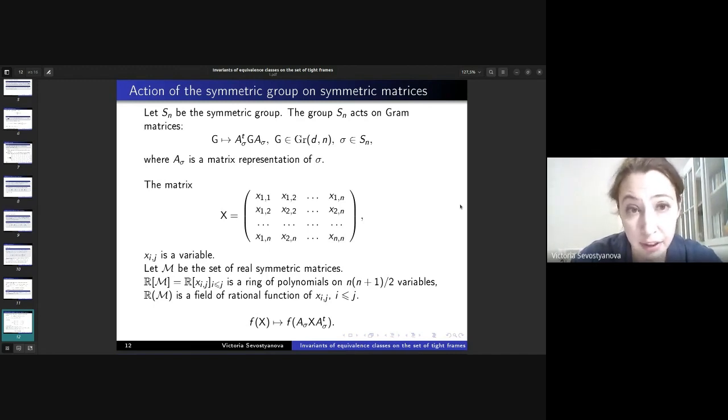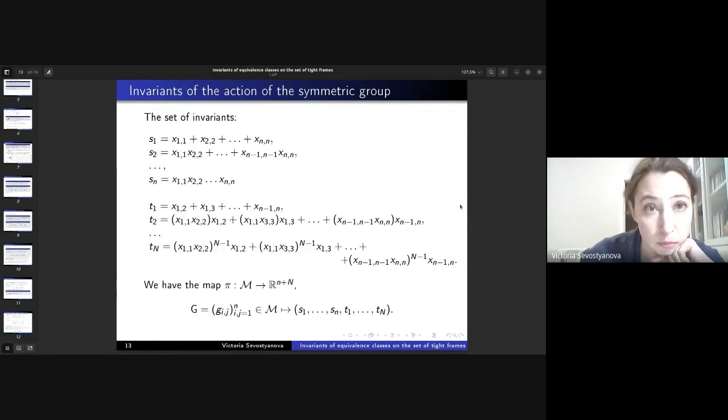So consider the formal matrix with variables, and let M be the set of real symmetric matrices. So we can continue this action on the ring of polynomials and on the field of rational functions. Now you can see the set of invariants under the action of a symmetric group on symmetric matrices.